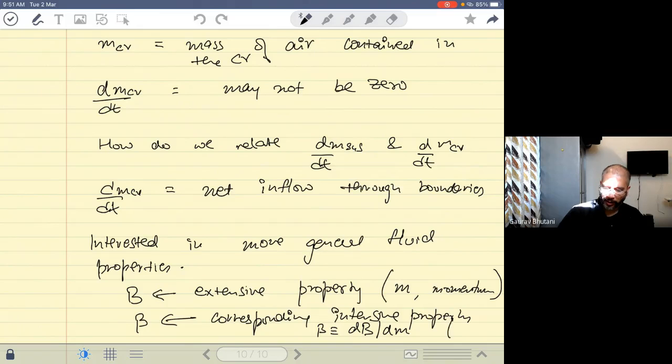Okay, so this would be 1 if you're talking about mass. Rate of dm by dm is 1, and dp by dm, so the corresponding intensive property for momentum is velocity, and so on. Okay, so this is not the end.